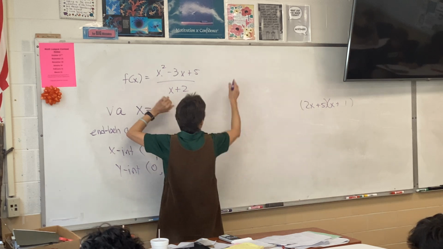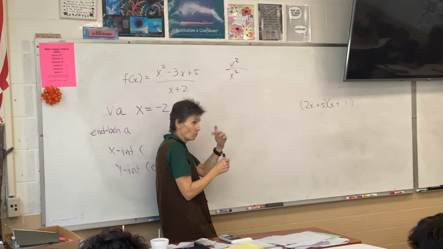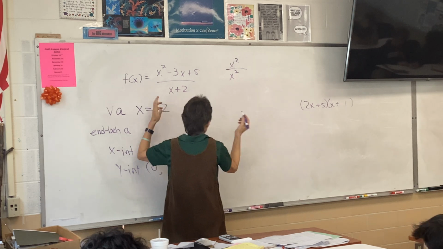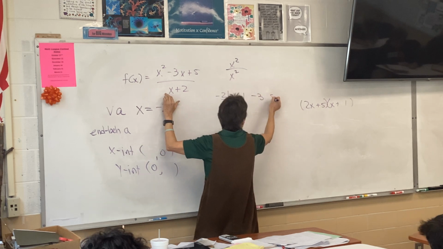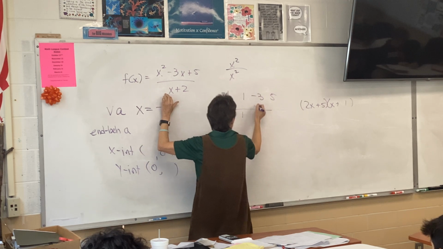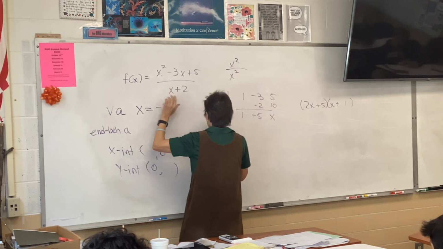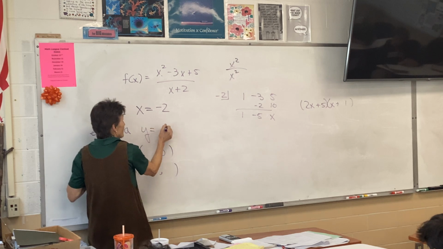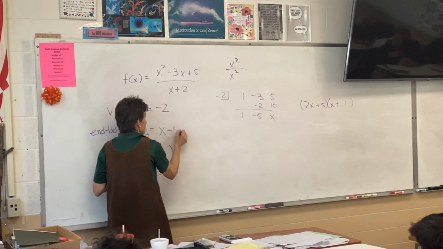If it had been x squared over x squared, it would be horizontal, y equals 1. But since it's not, we'll have to divide. So what is my slant asymptote? Y equals, always an equation, y equals x minus 5.